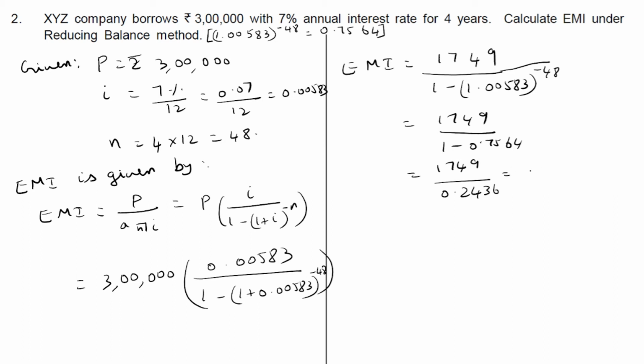Now when we simplify, we get it as 7179.8. Therefore, EMI is equal to 7179.8 rupees. So this is the EMI using reducing balance method for principal rupees 3 lakhs with 7% annual interest rate when the loan is repaid in 4 years.